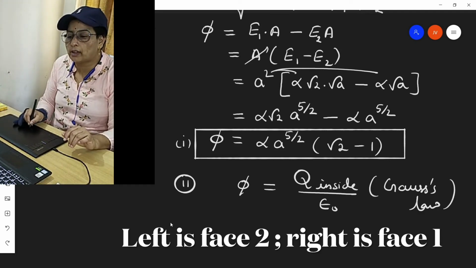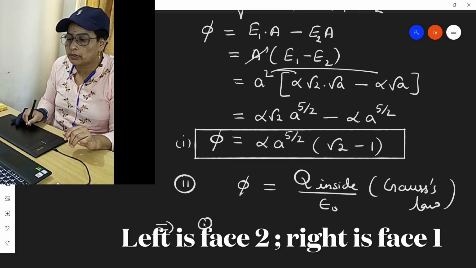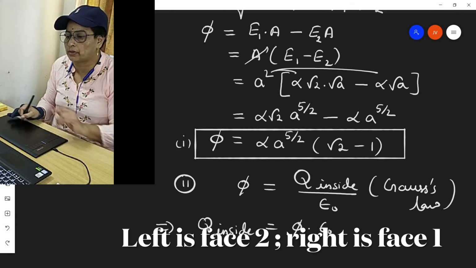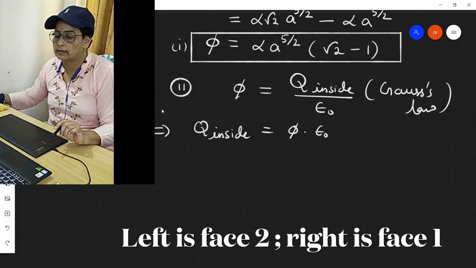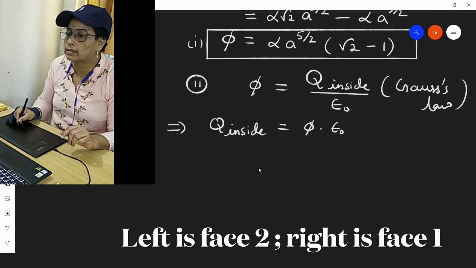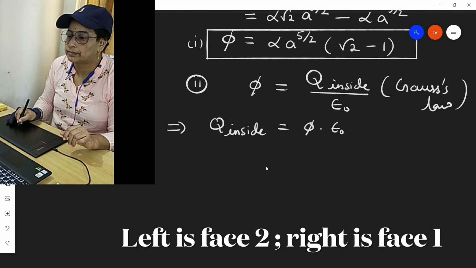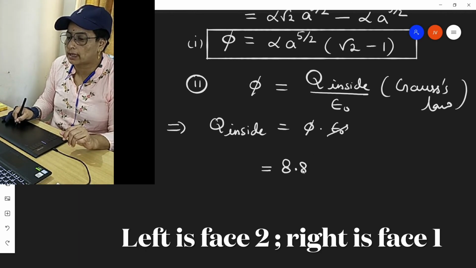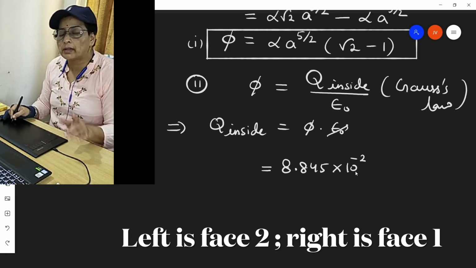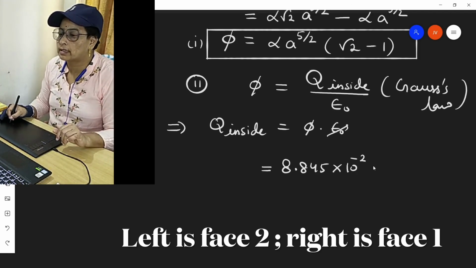So we have to find how much charge is enclosed. The total charge enclosed inside is phi into epsilon naught. Phi we have just calculated. Epsilon naught is 8.845 into 10 to the power minus 12 Coulomb square per Newton meter square, times phi.